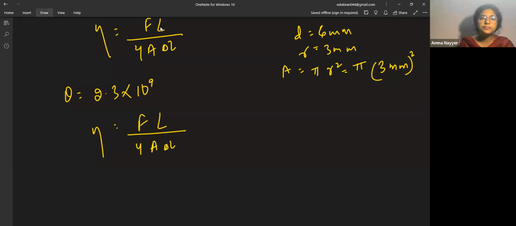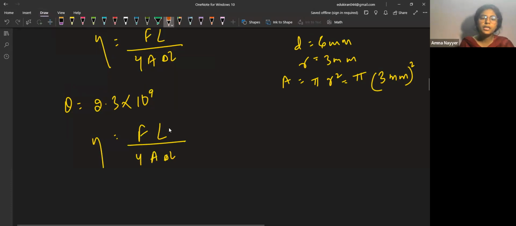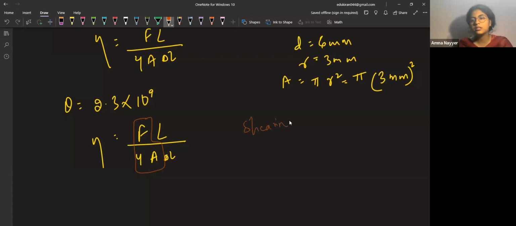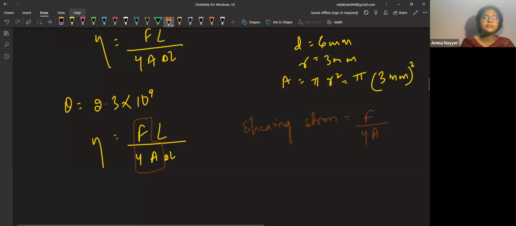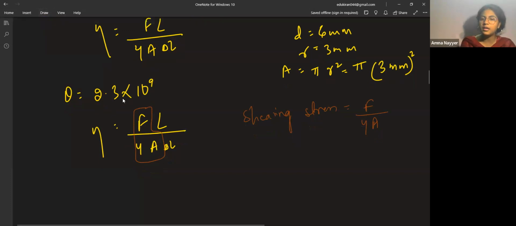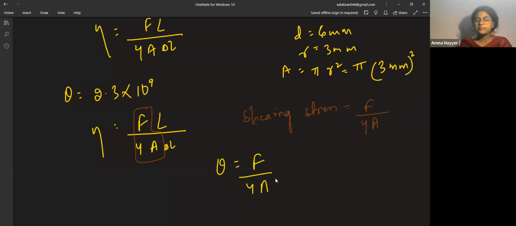Out of this, the term force per unit area is already stress. When we are talking about shearing stress, this is force per unit area, which is already given as 2.3 into 10 to the power 9. So the stress is equal to F by 4A.